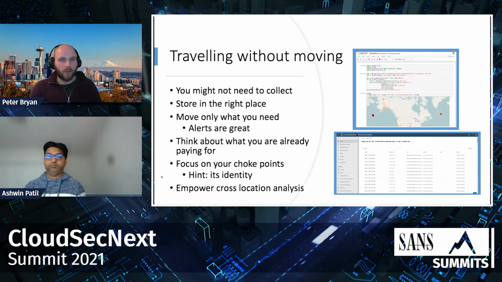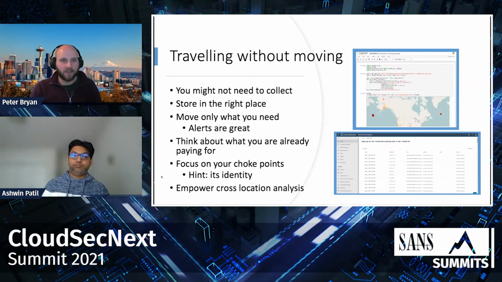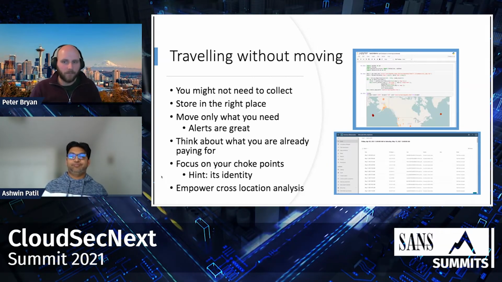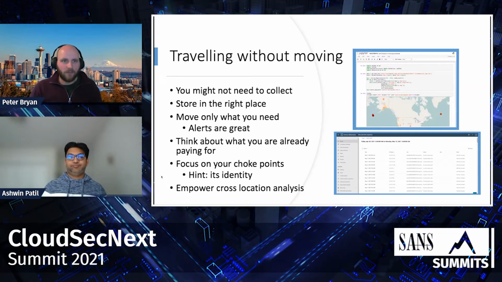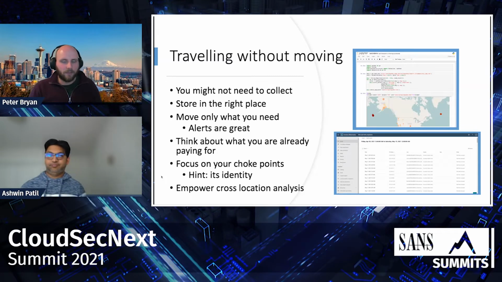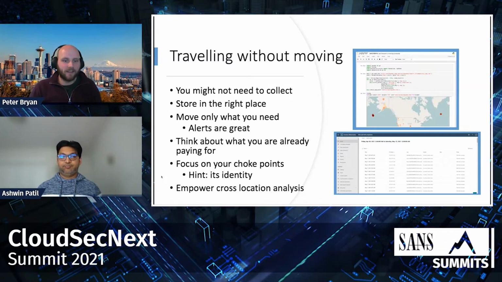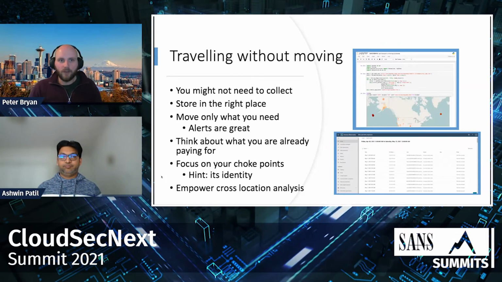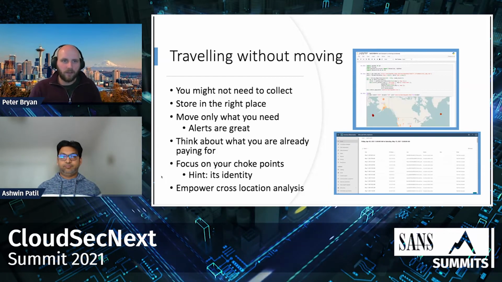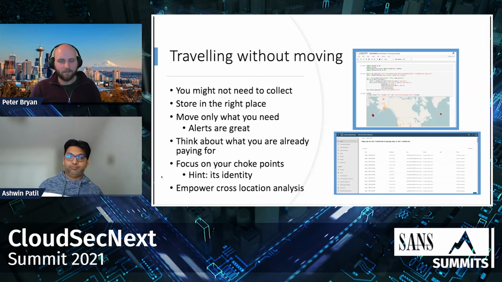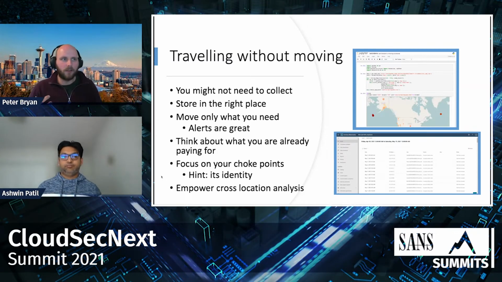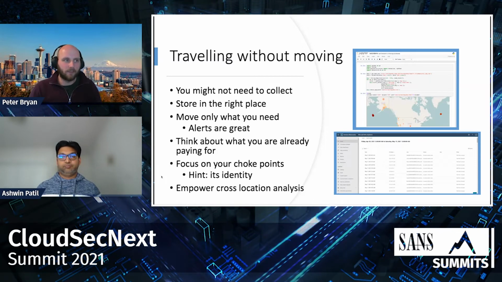You don't have to move all of those logs and deal with the hassle, the cost, and the engineering of that. So that's, I think, one of the big advantages of the cloud that people need to embrace: the agility and the open access to the data that you might not have had before. And again, the more cloud environments you start monitoring, the more value this agility has, and the more you can save yourself effort in trying to collect these.